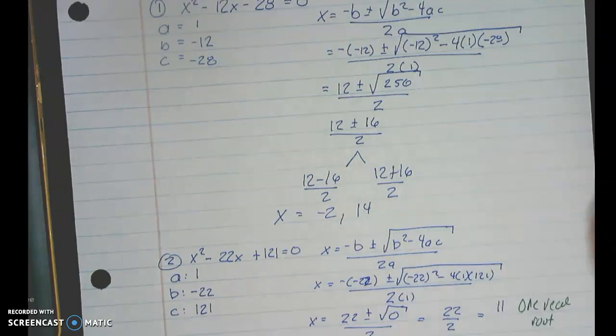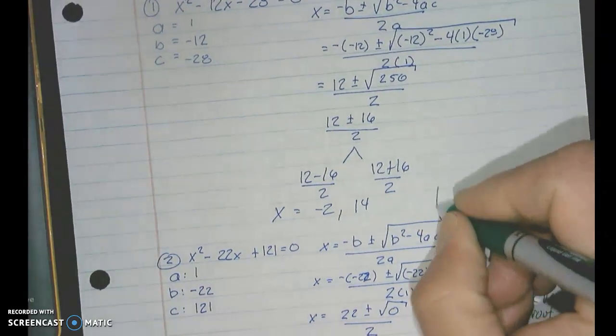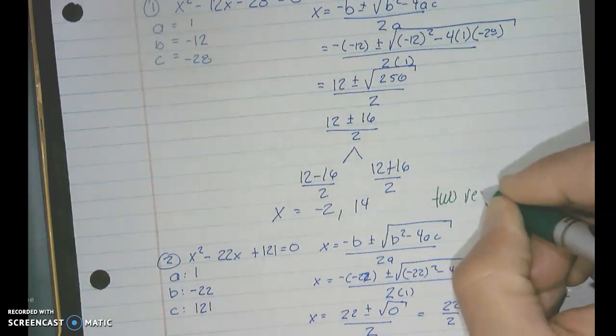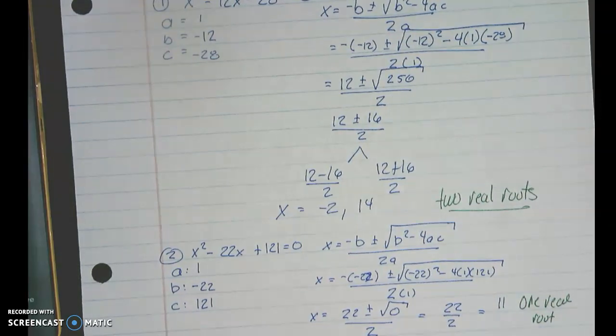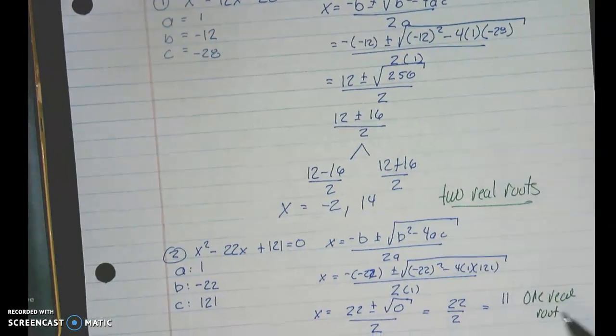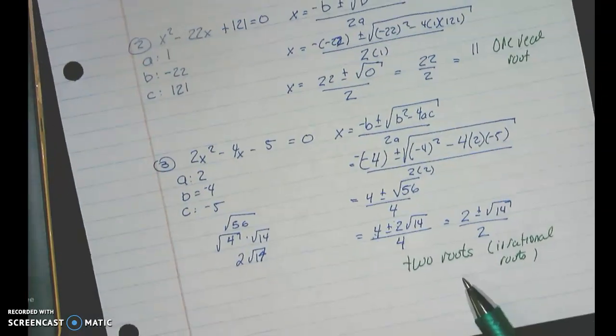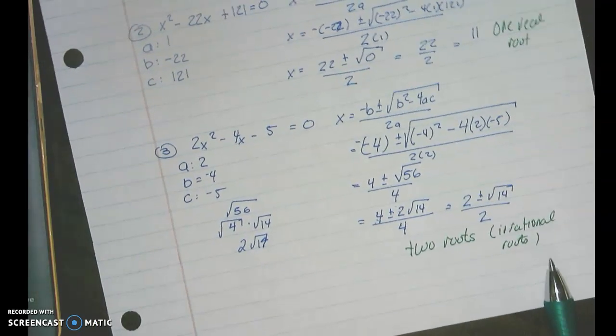What we got is 2 real roots. Okay? So you got 2 real roots here, you got 1 real root here, 2 roots, but they're irrational roots because they have the radical in it.